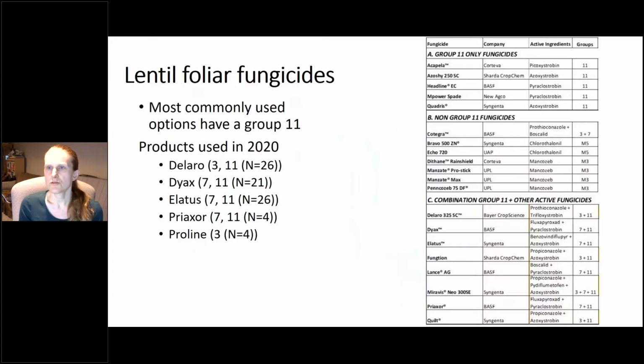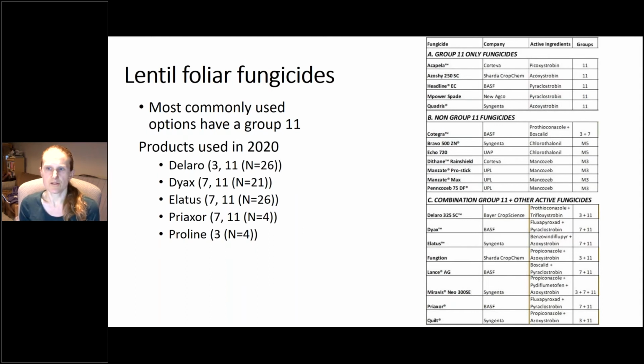And so for controlling anthracnose of lentil, by far the most commonly used active ingredients are group 11s. This information is from a survey that I led in 2020. And you can see, of all the different fields, and the N numbers here are the number of fields, for example, 26 fields had Delero applied, which has a group 11.